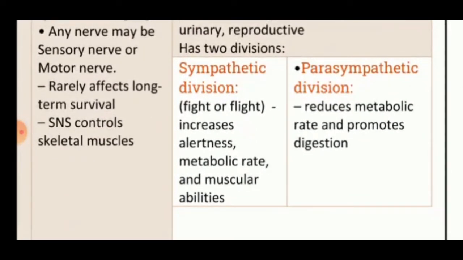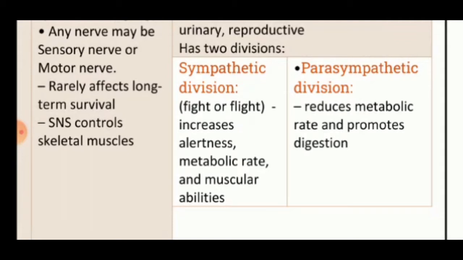The autonomic nervous system has two further subdivisions, sympathetic and parasympathetic. Both of these systems are responsible for the part that cannot be voluntarily controlled.